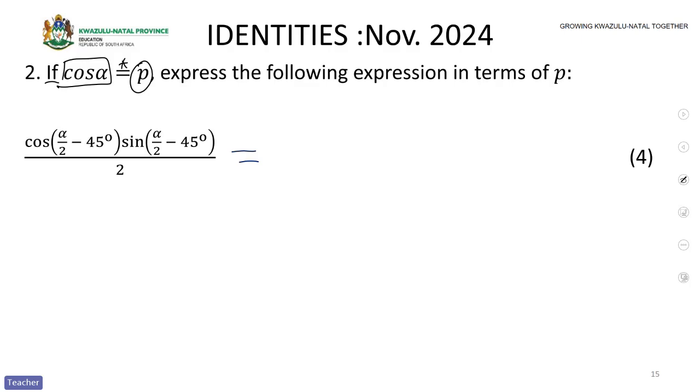So when we look at this one, we have one term because of the division sign. It says cos of alpha over 2 minus 45 degrees, all times sine of alpha over 2 minus 45 degrees. So what I can observe here, since we have more than one angle inside the parentheses, this is compound.